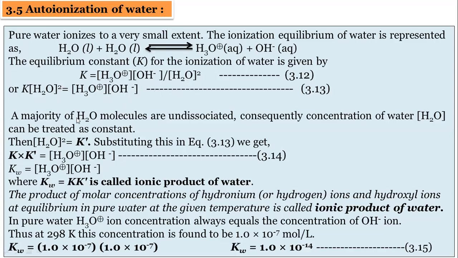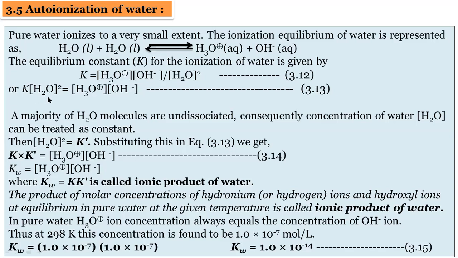So the majority of H2O molecules are undissociated. In case of ionization of water, a large number of H2O molecules remain undissociated. Only a small amount of water will be dissociated. So its concentration is taken as constant, remember. Which concentration? Concentration of this H2O, it is taken as constant because only a small amount of water molecules will be dissociated.